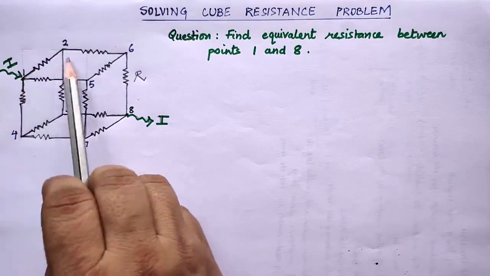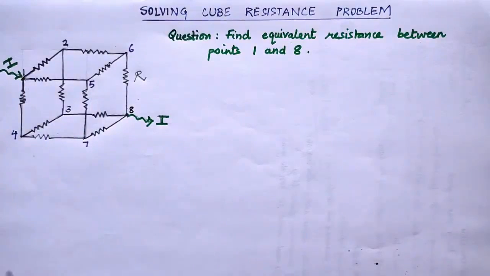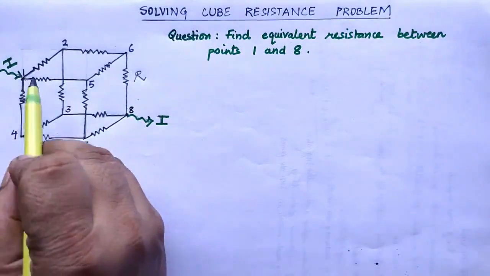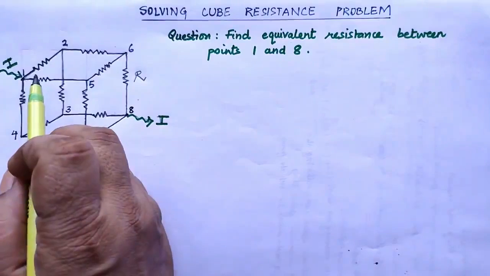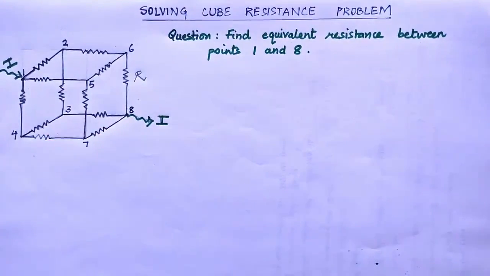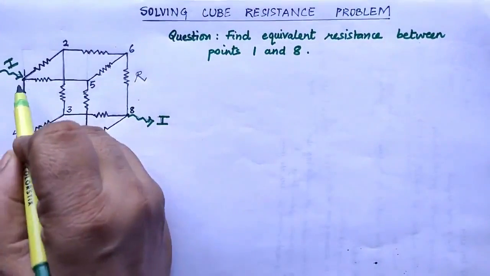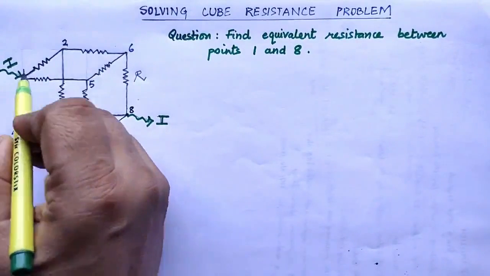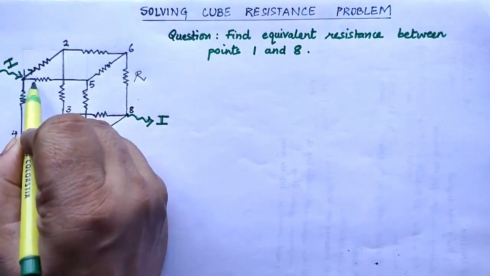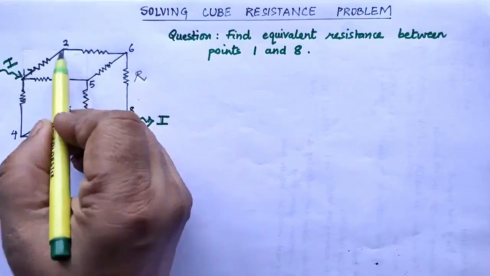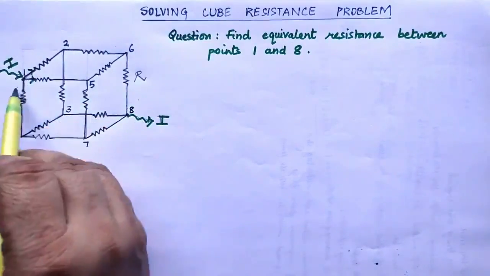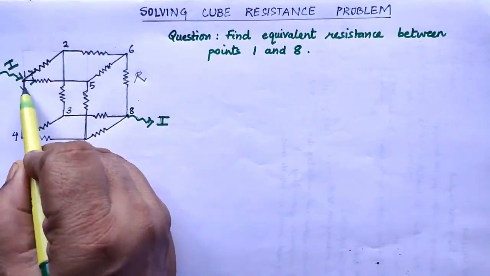when it is entering the cube. This is a cube, right? Now understand the division of current. As soon as the current enters at point 1, it sees 3 paths. The current can be moving along this path from 1 to 2 or from 1 to 5, 1 to 4.